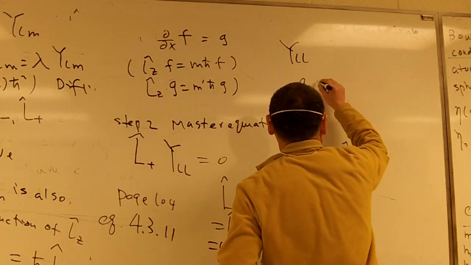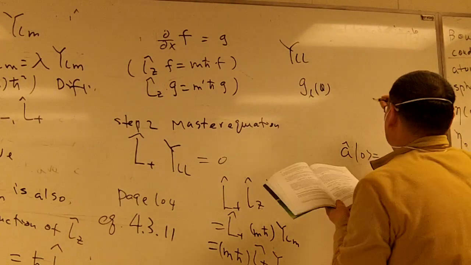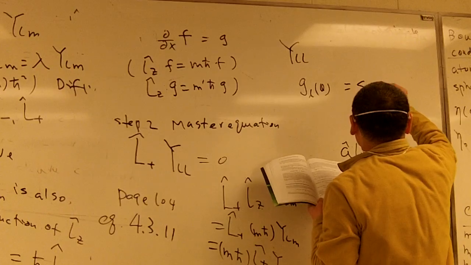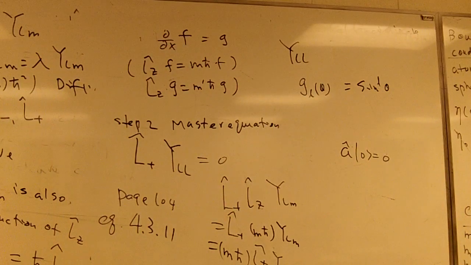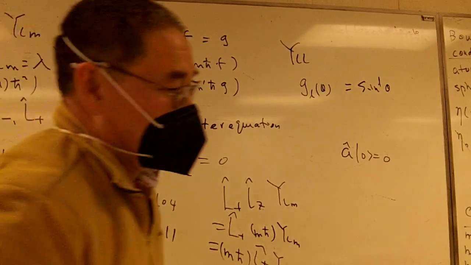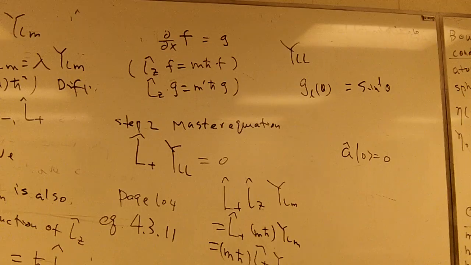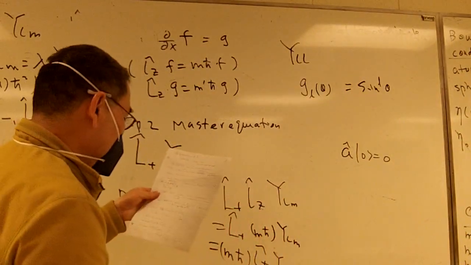This eventual theta function part should be sine to the l of theta. This is the only one we actually obtained, so that is the one we eventually obtained, this equation. Okay, so this is the end result.